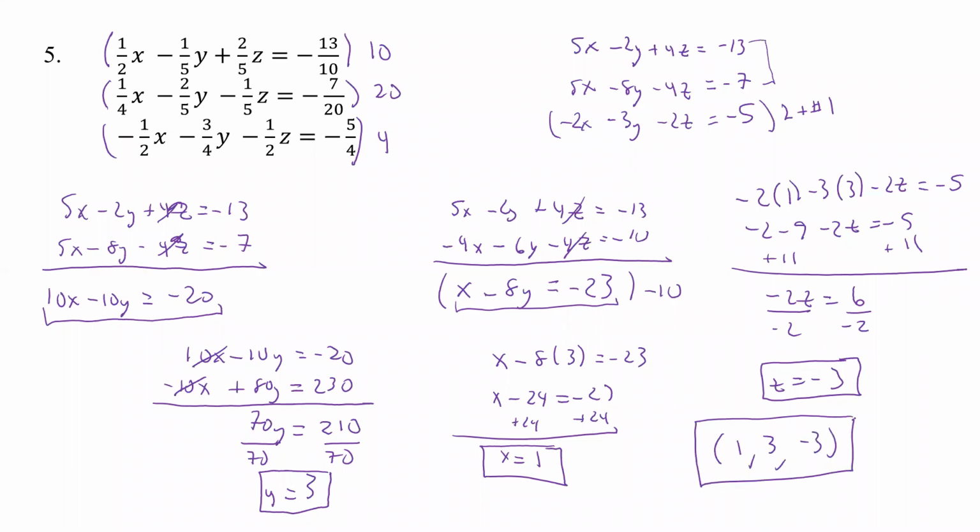Okay, now we'll go check it on the next page, and this is into part 3, but we're going to do our check first. And so we had the 1, 3, minus 3. And now we have to plug it back into those original equations. So we had 1/2 times 1, and minus 1/5 times 3, and then plus 2/5 times minus 3.